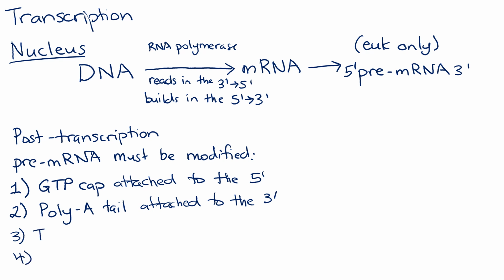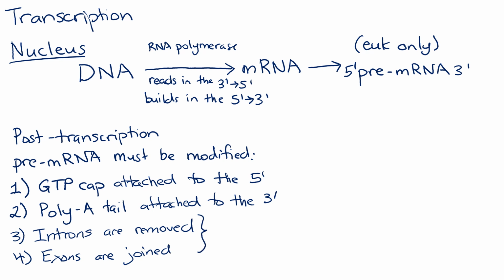So we want to remove the intruders. These are codes on the mRNA that code for nothing relevant to the protein that is desired. So introns are removed, and then the exons are joined. Again, the process is called RNA splicing.